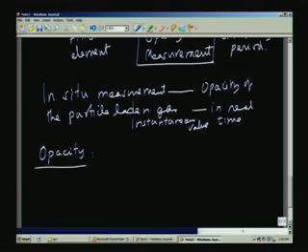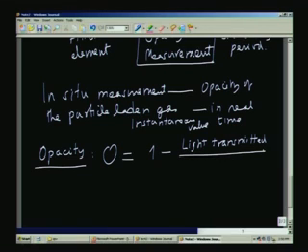Opacity is nothing but, we will call it O for lack of any other symbol, it will be 1 minus light transmitted divided by light emitted by the source.